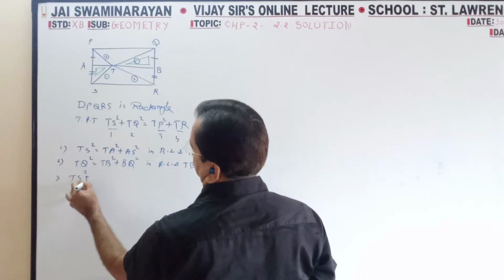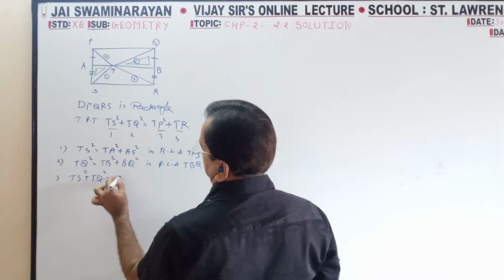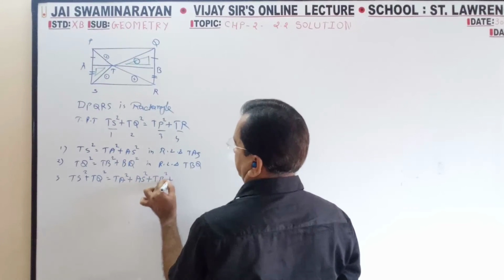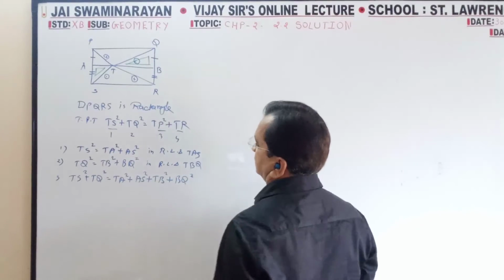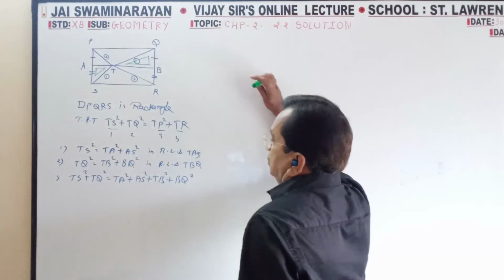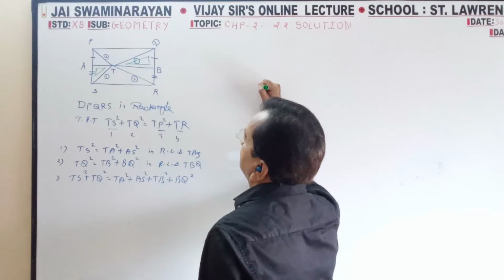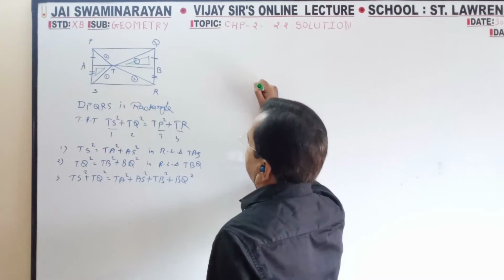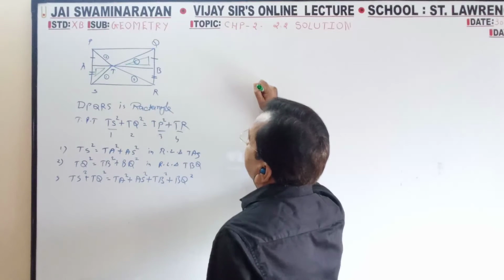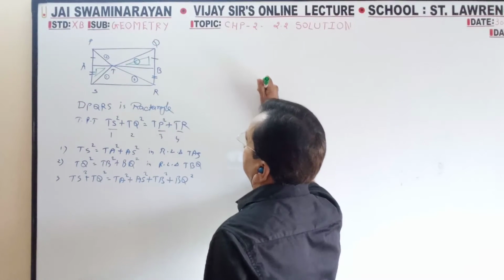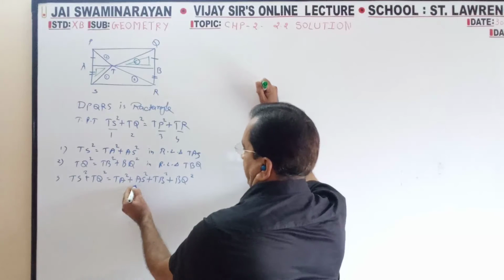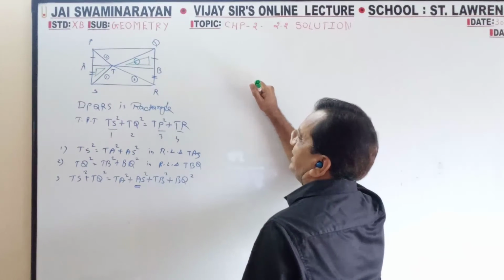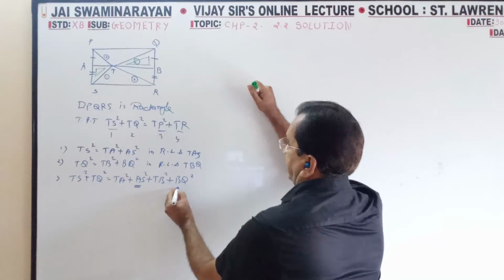So TS square plus TQ square is TA square plus AS square plus TB square plus BQ square. So AS square I can change, TB square I can't change, BQ square I can change.